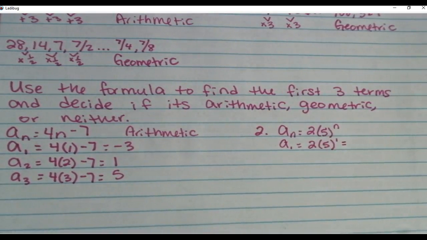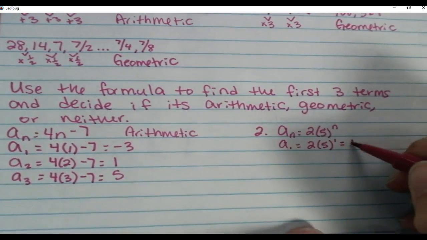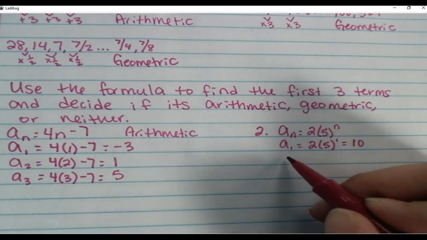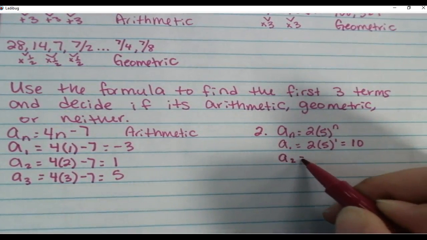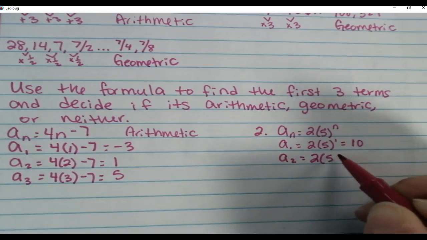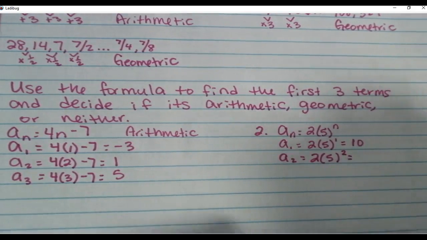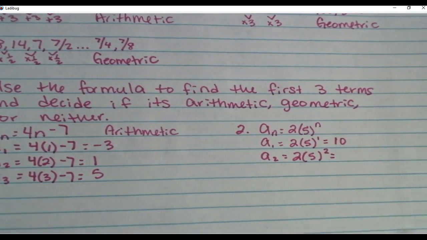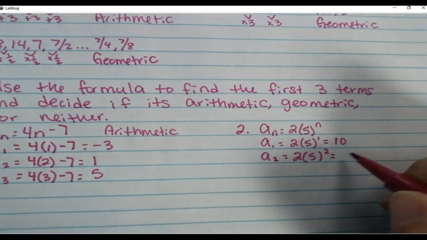So what would that be? 10. Good. So 5 to the first power is 5, and 5 times 2 is 10. So then for our second term, 2 times 5 to the second power is what? 50. Good.